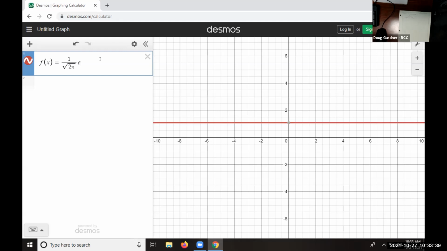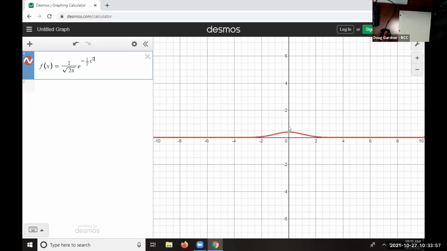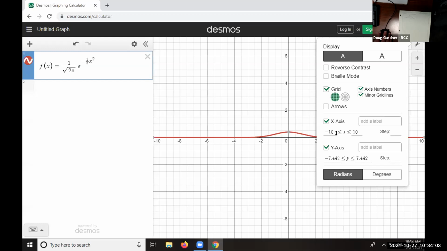And if that is raised to the negative 1/2 x squared power, you actually get a normal distribution. You get a normal curve. So I just want to take a quick look at this.